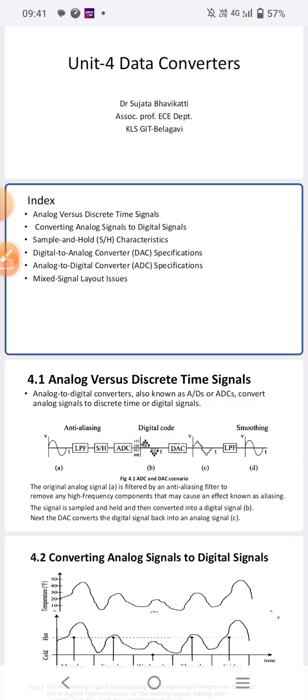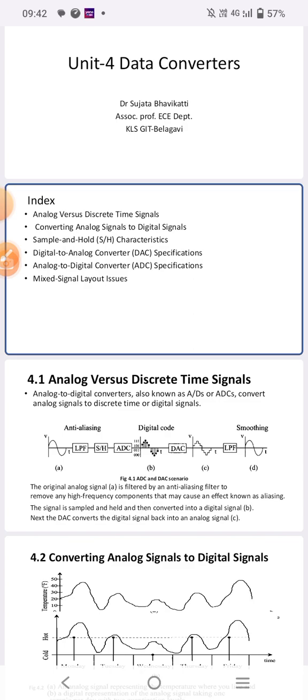It may be 0, 0.5 volts, 1 volt, 1.5, 2, and so on, varying up to 5 volts. So instead of taking the readings of the signal for every time instant, we take these values at different time instants with different amplitudes. That is what a discrete time signal is.